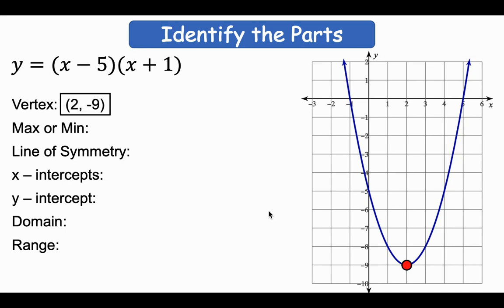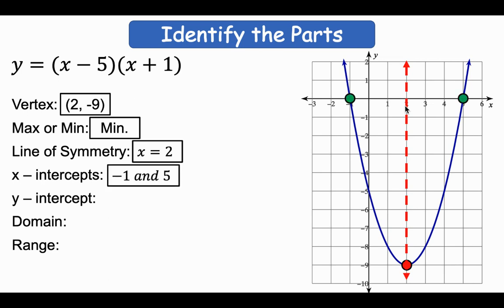So the vertex, it's the bottom, so it's (2, -9). Looks like it's a minimum again. Line of symmetry is that line going right there, and that looks like that line goes through a 2. X-intercepts right there. See if you can figure out the y-intercept.